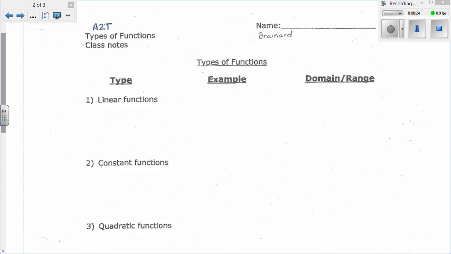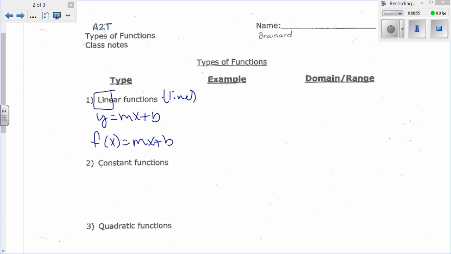So the first thing we have is a linear function, and with a linear function, you see the word line in it. So a linear function is just a line. And you know it as y equals mx plus b. And to use function notation, since we are talking about functions, we would say f of x equals mx plus b.